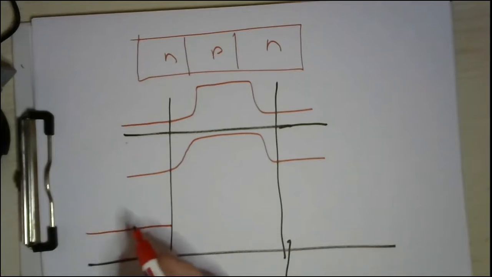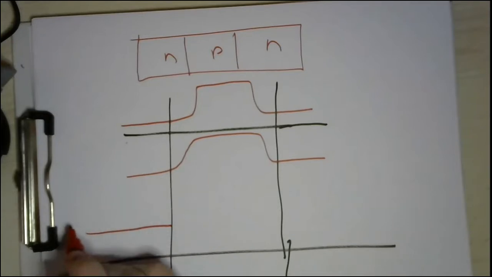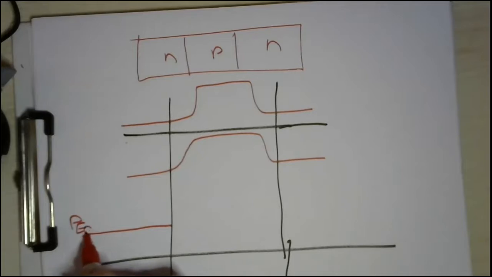which let's call, for example, PE. What I mean by PE is the holes in the emitter region, and let's add a subscript zero to say that this is under thermodynamic equilibrium. So this is holes.